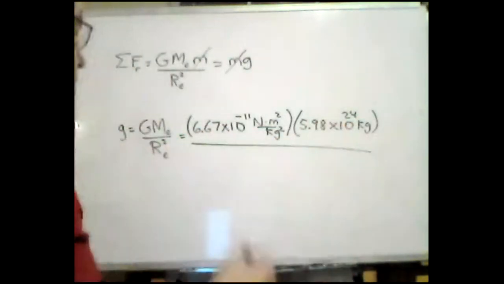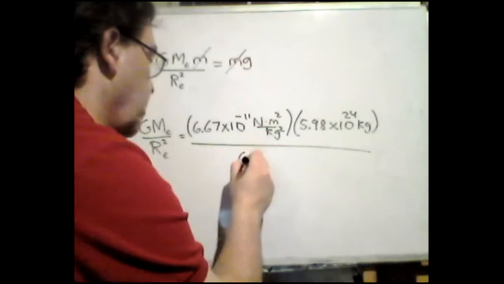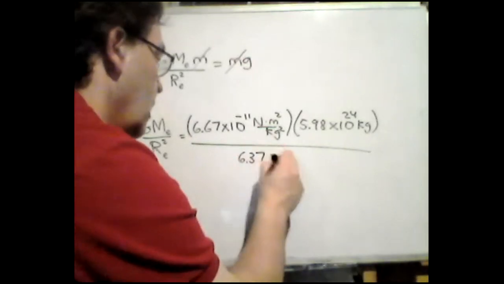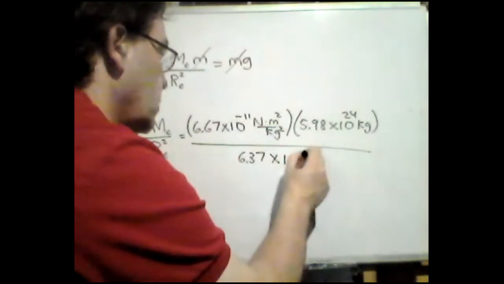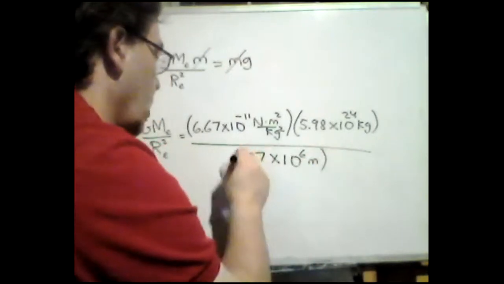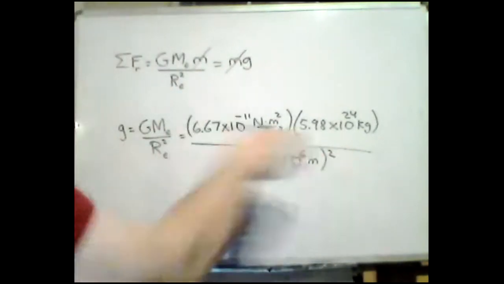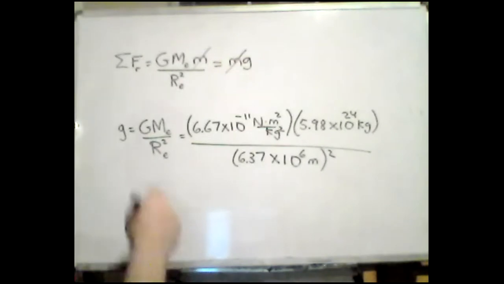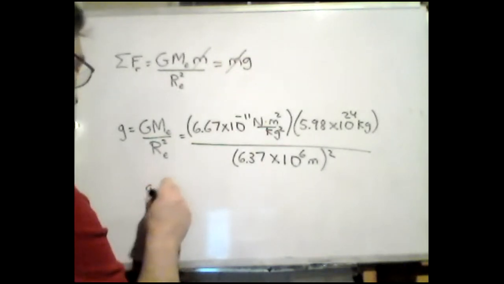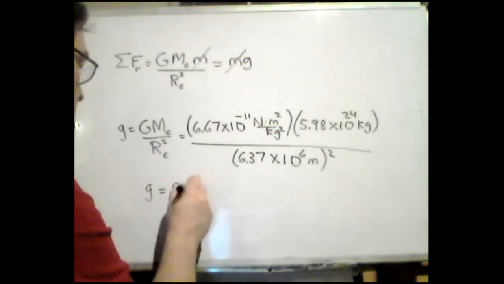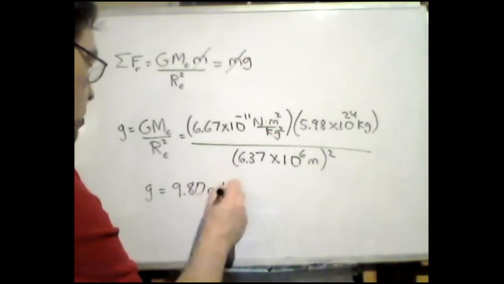You can look this up. The average radius of the Earth is 6.37 times 10 to the 6 meters. Of course, don't forget to square that. If you work this calculation out, you will find that g is equal to 9.80 meters per second squared.